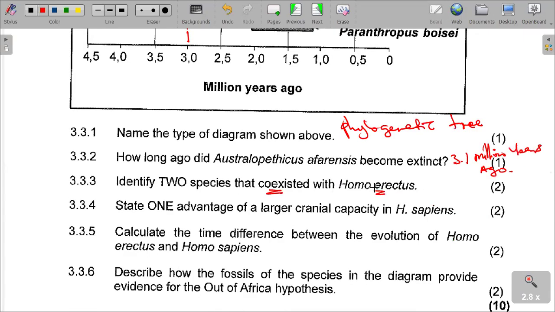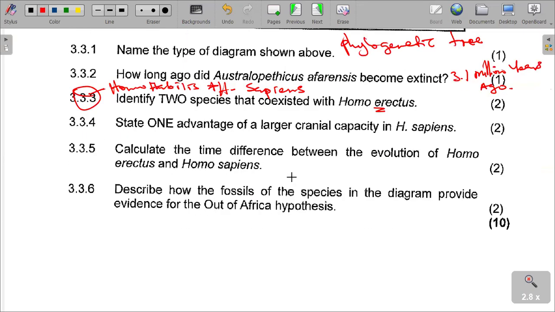So it is the Homo habilis and Homo sapiens.